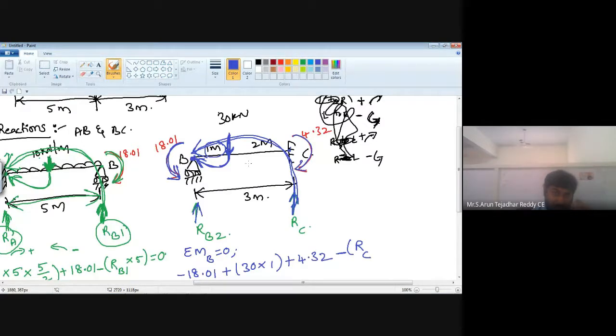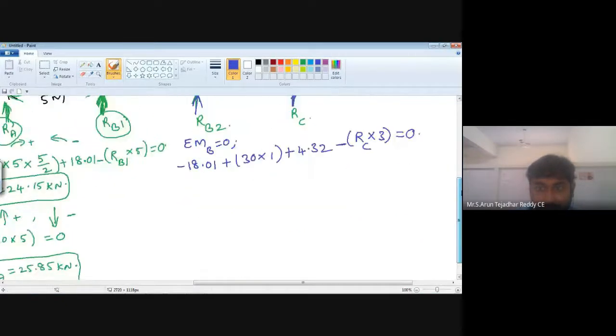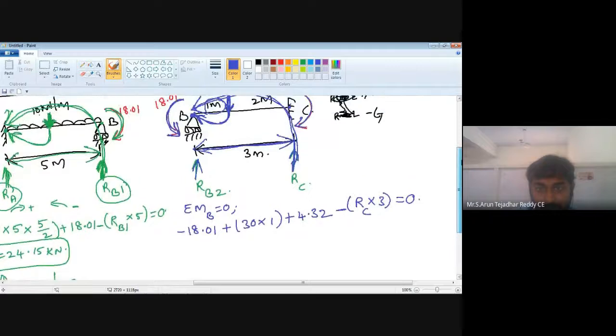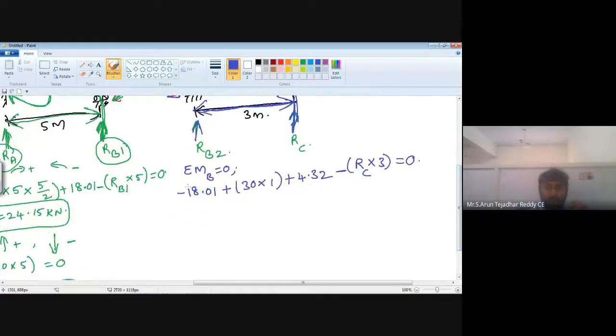And what about the perpendicular distance from point C to point B? That is 3 meter, so minus RC into 3 is equal to 0. From this equation, we'll get the RC value, that is 5.43 kilonewton.